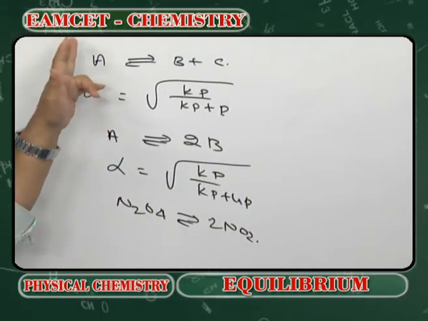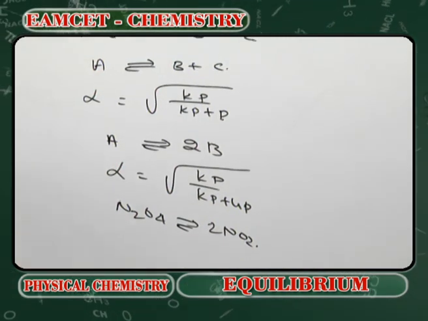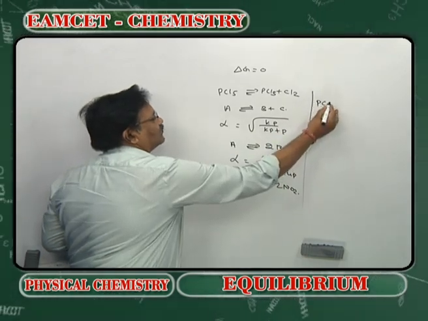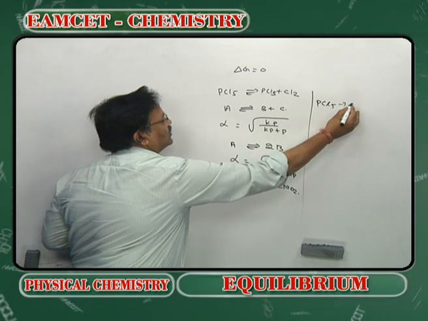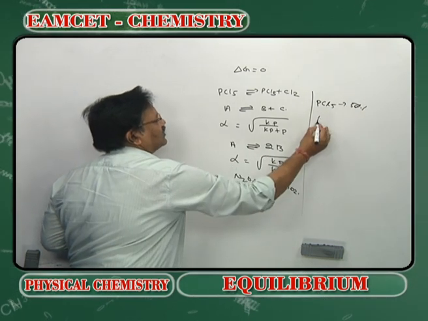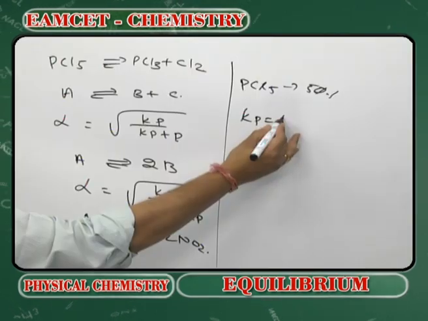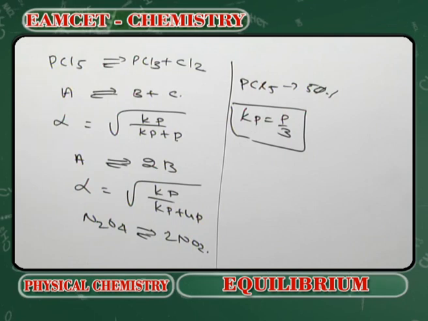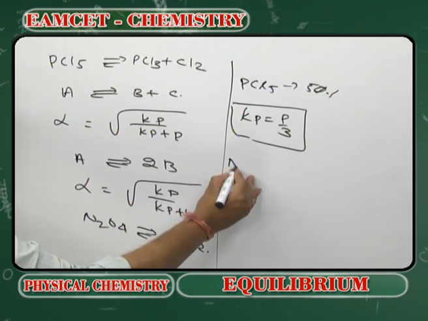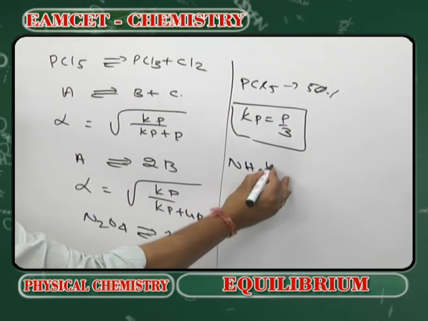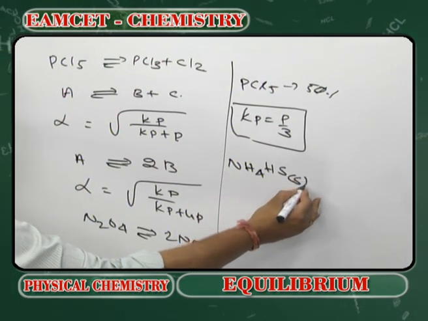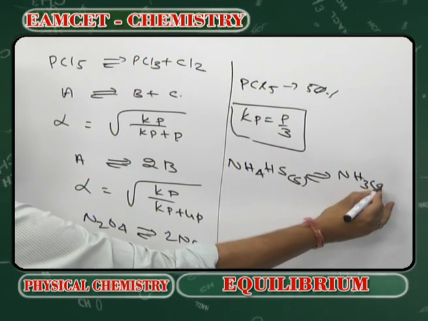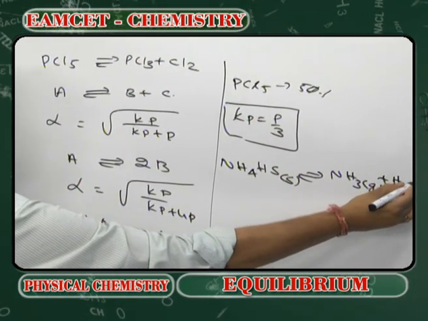When PCl5 undergoes 50% dissociation, then what will happen? Kp will be equal to P by 3. And one more popular equilibrium, NH4HS gives NH3 plus H2S.